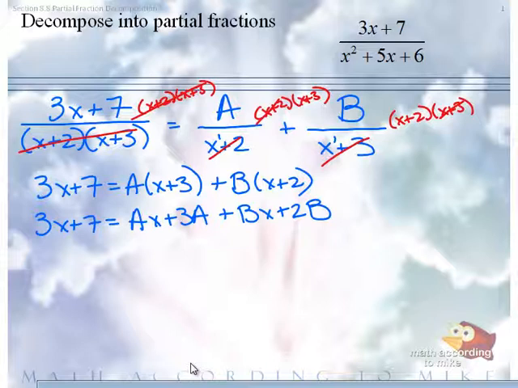Now, if you do this enough, you'll get very comfortable with this, and you can skip right to the end, but I'll show you step by step for this one. On the right, we have two terms that have an x, so I'm going to put them together. And two terms that do not have an x, so I'm going to put those together.